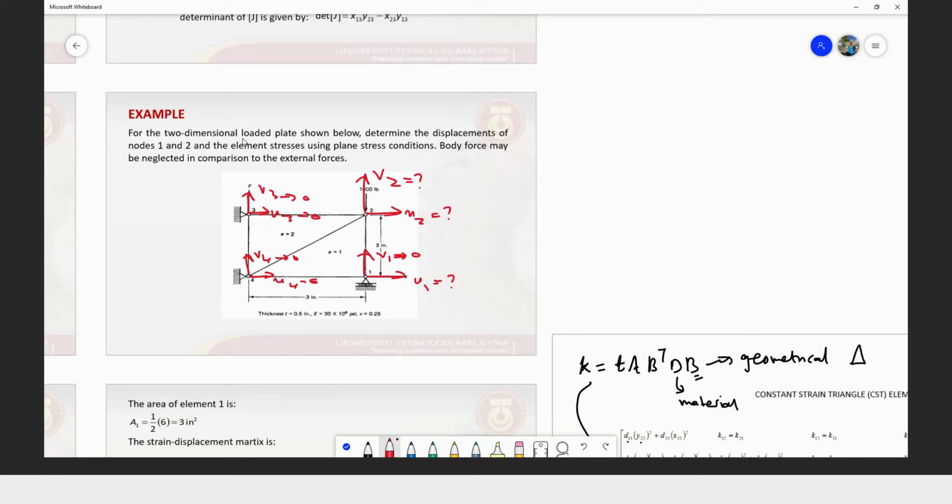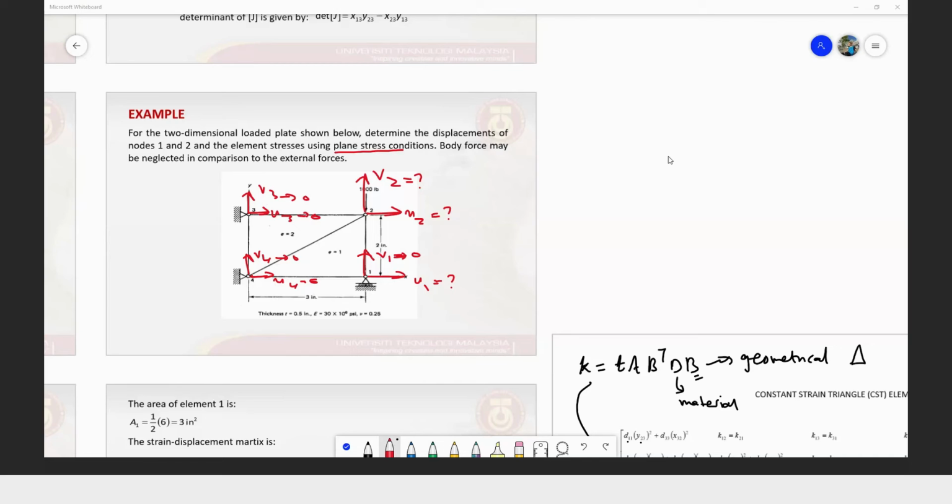And it mentions here that the element stresses use the plane stress condition. It's explicitly mentioned there.